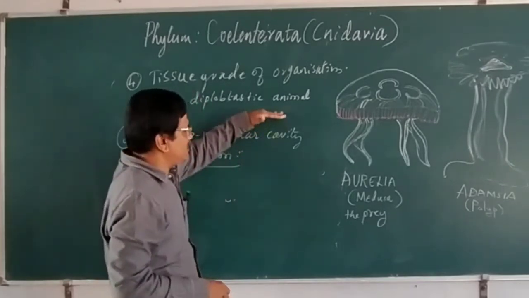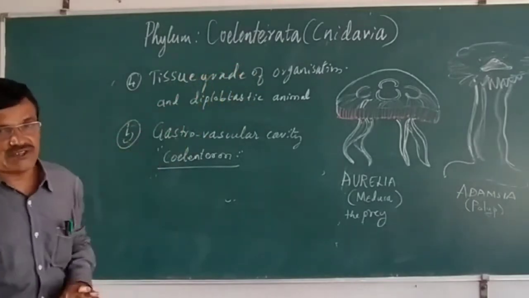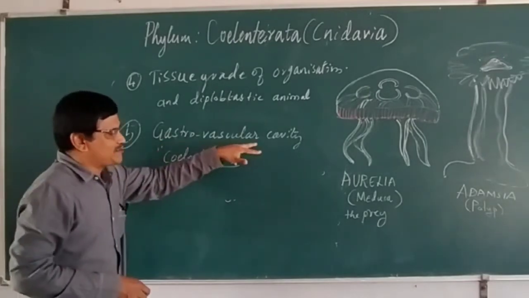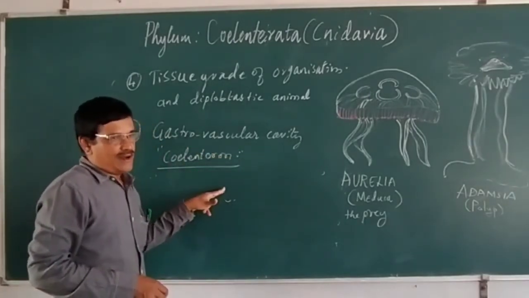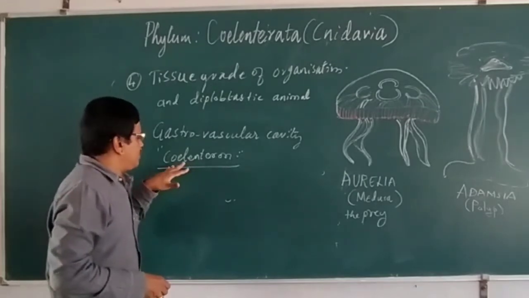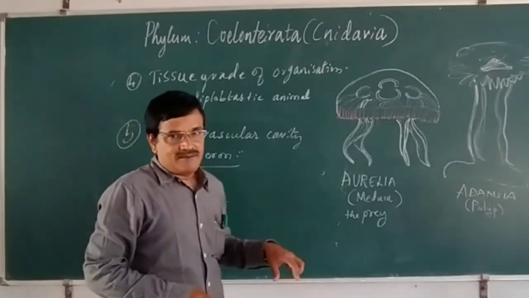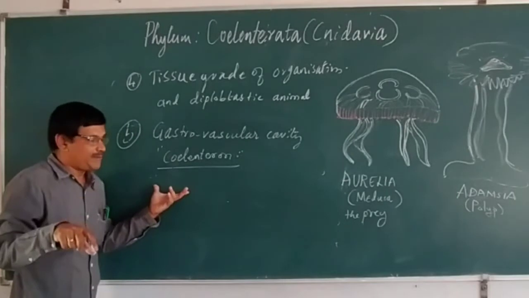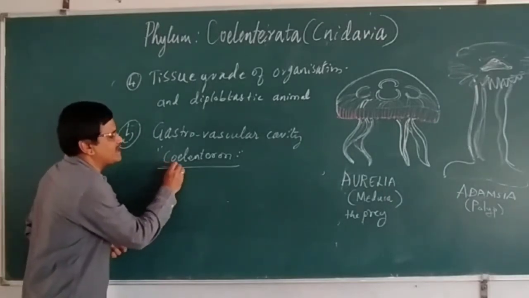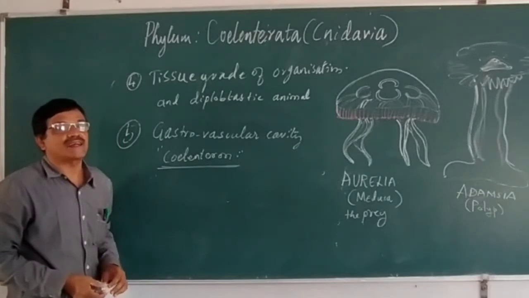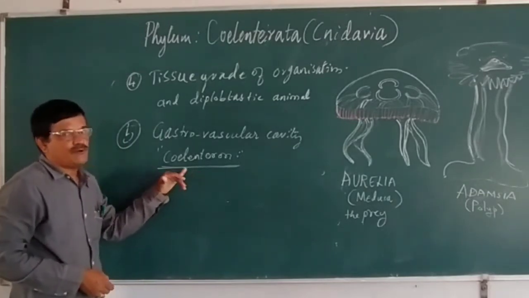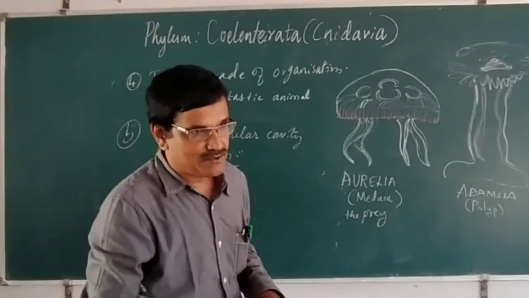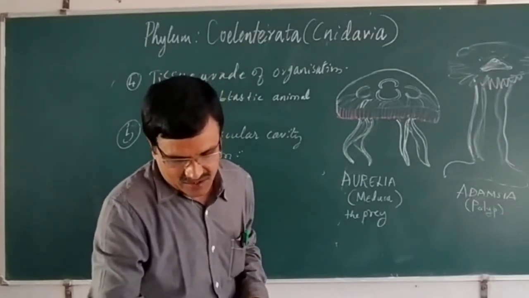That's why these animals are known as coelenterates. Coelenterates means the animals having a gastrovascular cavity or coelenteron. The main function of the coelenteron is digestion. That means there is no separate digestive system in their body. The coelenteron itself acts as the digestive tract. So, animals with the coelenteron are coelenterates.